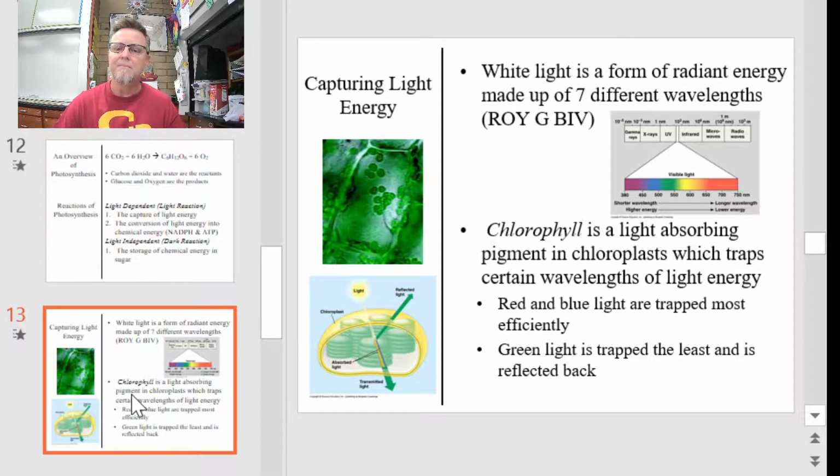Okay? So the first thing that we got to deal with is what light is used for photosynthesis. And that is our visible light, light that makes up Roy G. Biv, comes in 7 different wavelengths, red, orange, yellow, green, blue, indigo, and violet, which you can see in this picture. Chlorophyll is the light absorbing pigment that actually traps this white light, does a great job capturing pretty much all colors of light except for green, which is reflected.